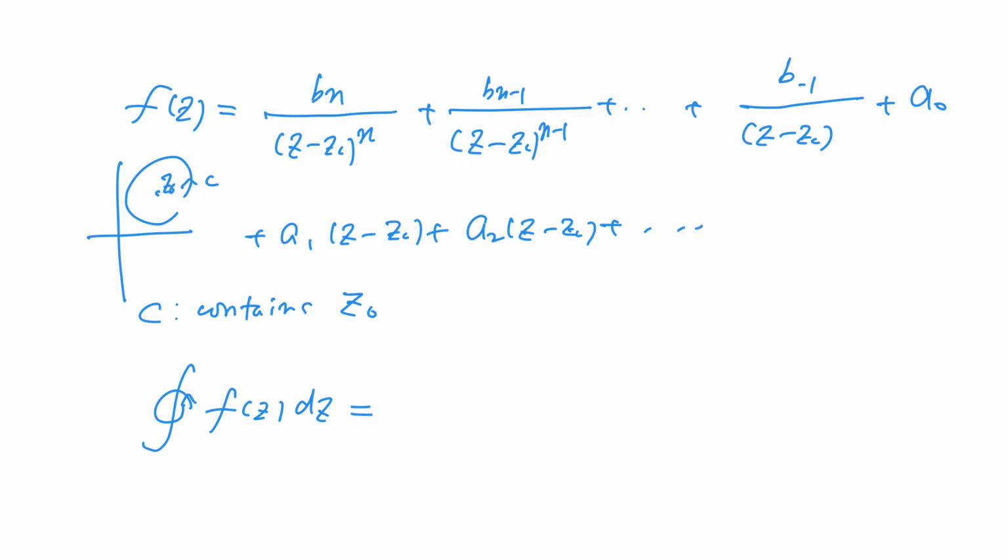We have seen in the previous class that all the different order terms vanish except this one, right? So this becomes 2 pi i times b1. And this term has a particular name called the residue.